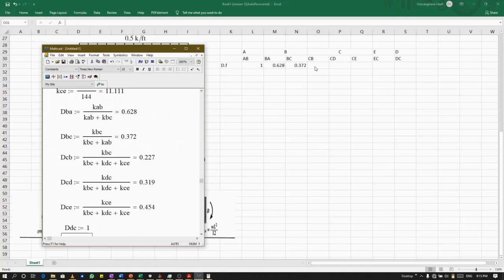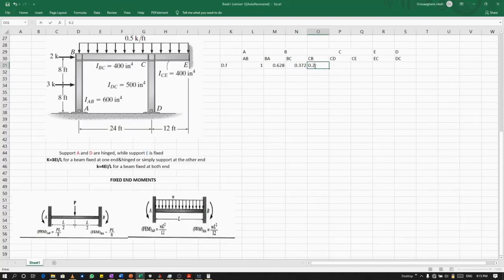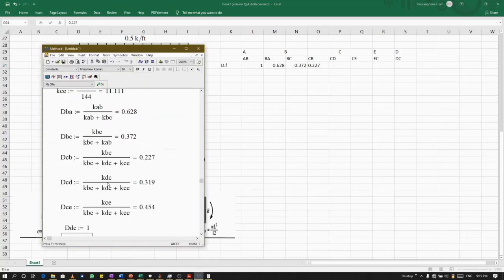CB is 0.227. Then CD, sorry, I think I made a mistake somewhere, so let me quickly check this.